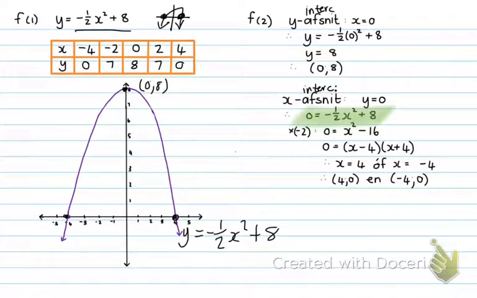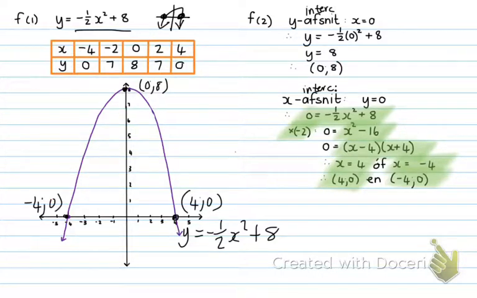First I multiply the whole thing by negative 2, then I get 0 is equal to x squared minus 16. Then I factorize that and I get x minus 4, x plus 4, so x is 4 or x is negative 4. So the two coordinates will be (4, 0) and (negative 4, 0). Put that onto my graph, (4, 0) and (negative 4, 0).